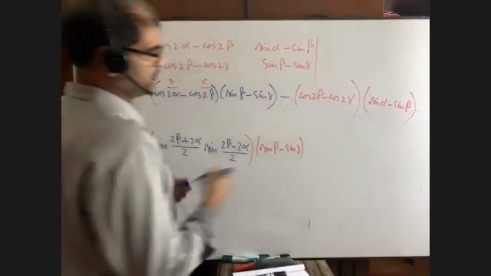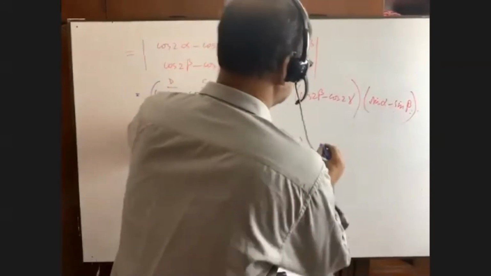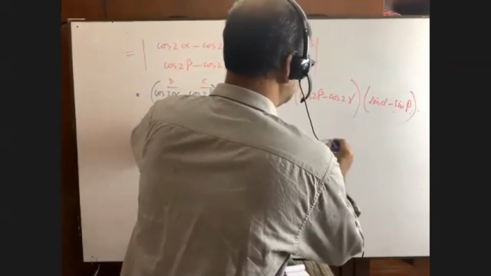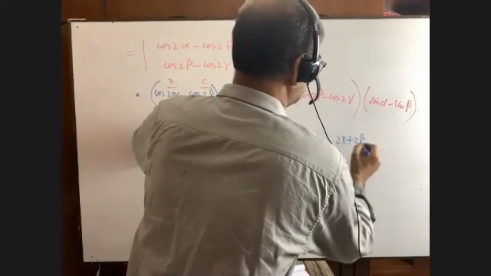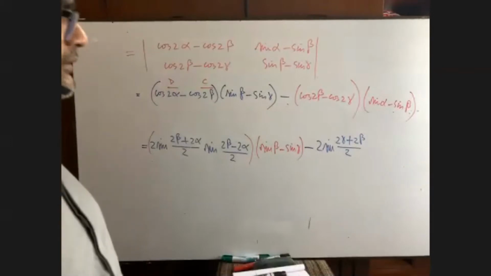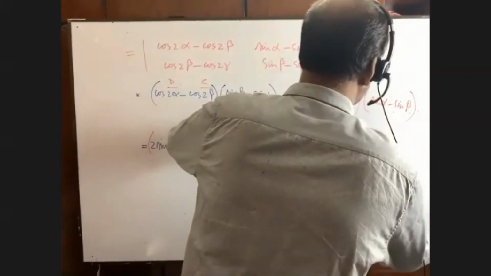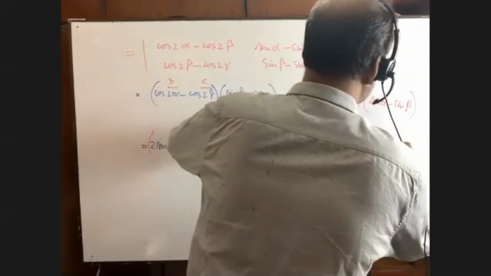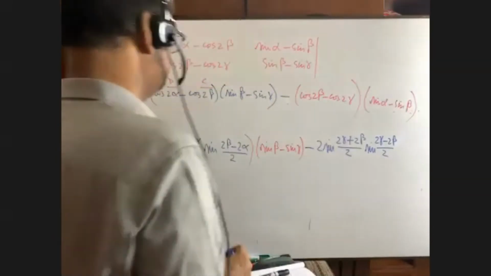Now you see this is minus. You just put the value, cos D minus cos C: 2 sine (C plus D)/2, then sine (C minus D)/2.